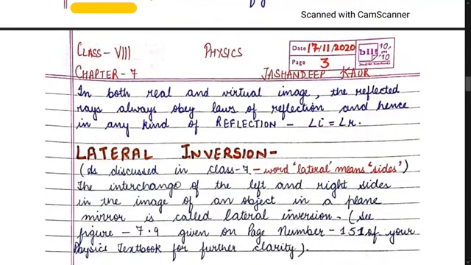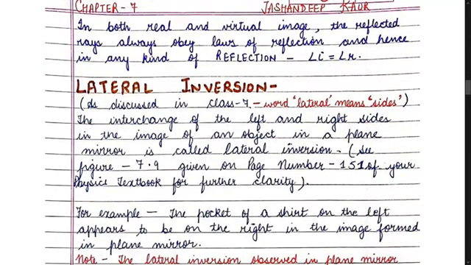So in both real and virtual images, the reflected rays always obey the laws of reflection. That is, in both cases, the angle of incidence will always be equal to the angle of reflection.